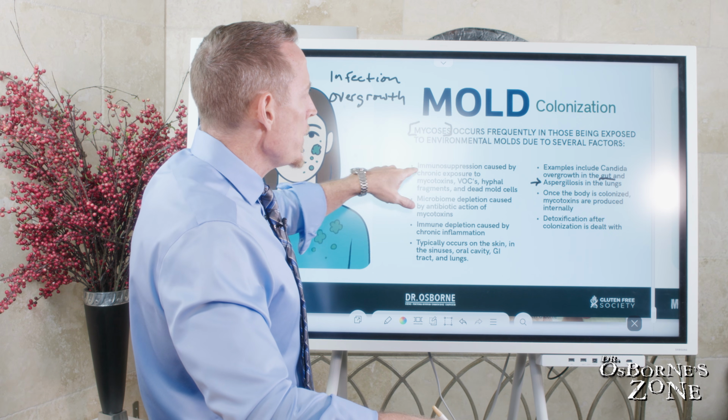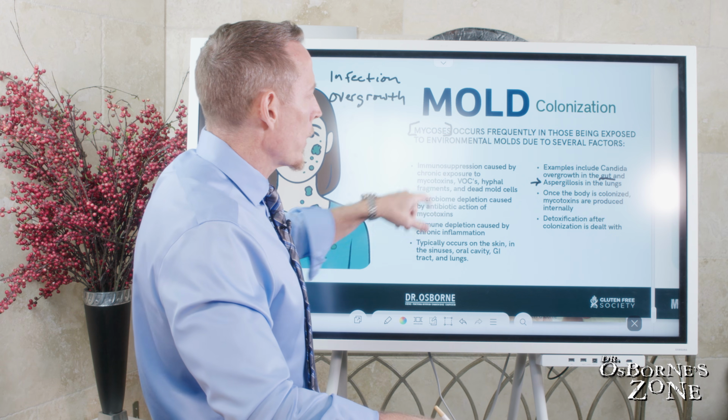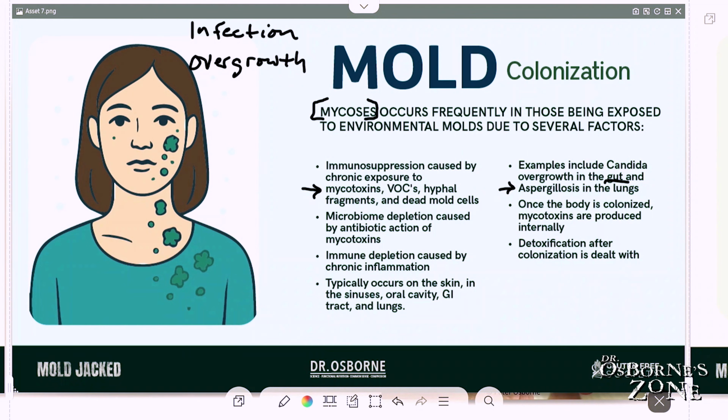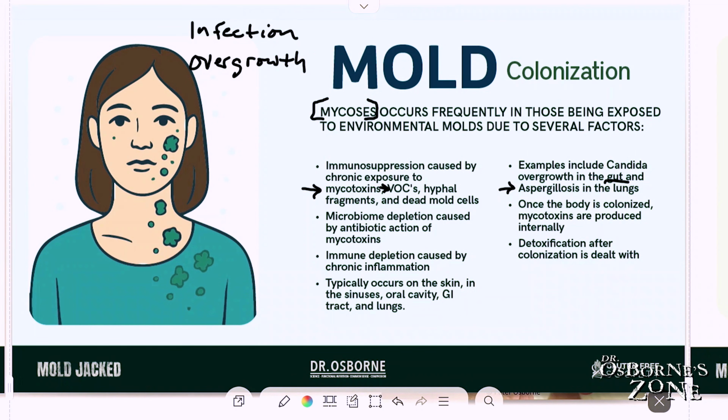Now, immunosuppression is caused by chronic exposure to mycotoxins, which are the toxins that molds produce. Molds also produce VOCs, volatile organic compounds, hyphal fragments, which are like bits of mold pieces, and then dead mold cells. If we lump all these things together, this is really what we would call the toxins from mold, right?